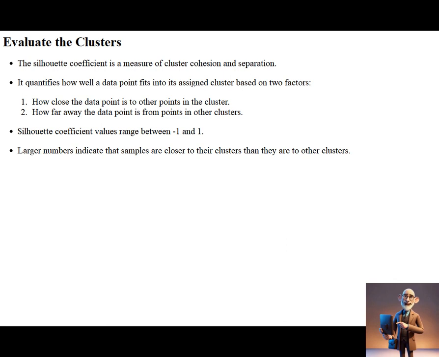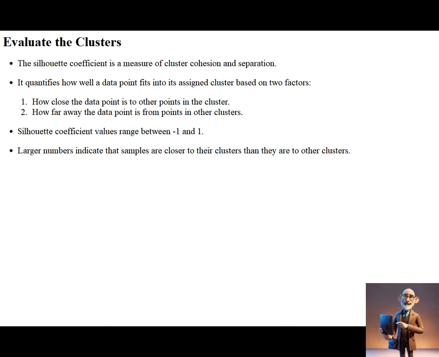Values around 0 suggest overlapping clusters, where a data point is equally close to points in its own cluster and neighboring clusters. Positive values, close to 1, indicate that a data point is closer to points in its own cluster than to points in other clusters. Higher positive values signify strong cluster cohesion and well-separated clusters.